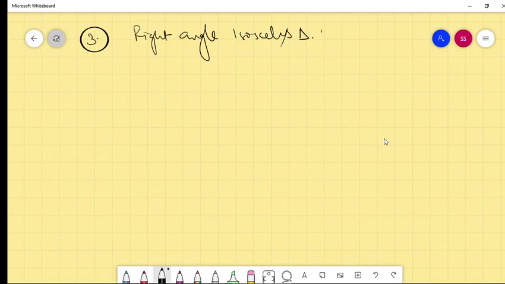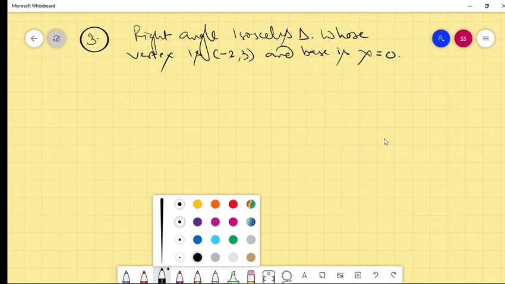Whose vertex is minus 2 comma 3 and whose base is x equal 0. Suppose we have been given this question, dear students.